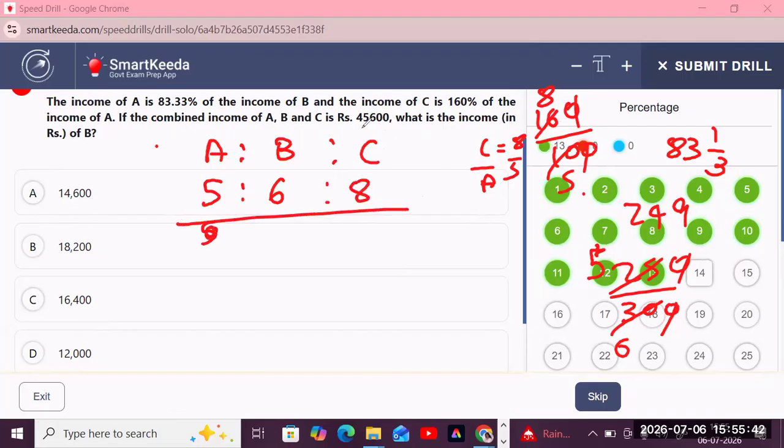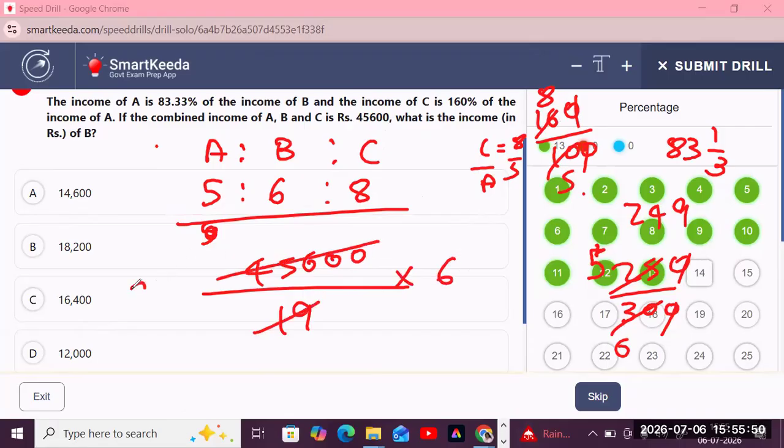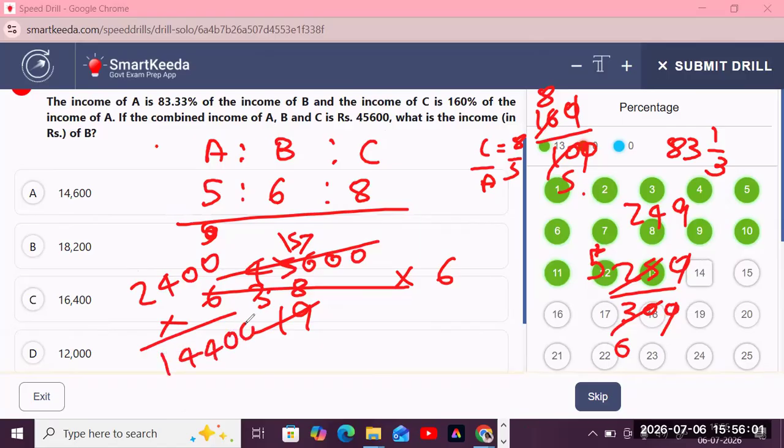If the combined salary of A, B, C is 45600 1119, and then what is the income of B? 45 to 38, 15 76 42400 multiplied by 6 is equal to 14400.